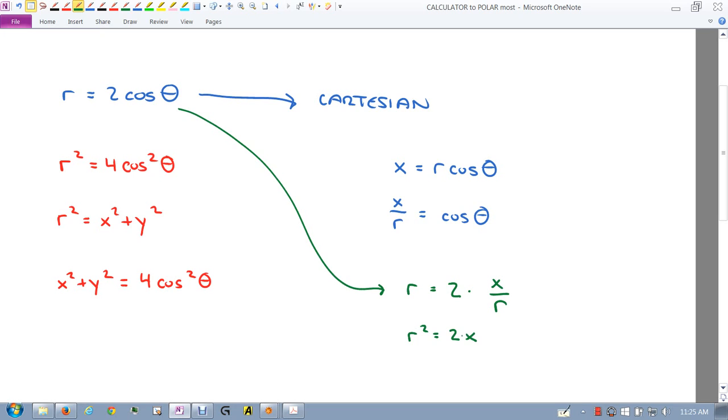Two x. Now, how could that help me? How can that help me?